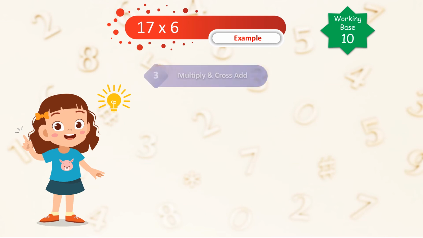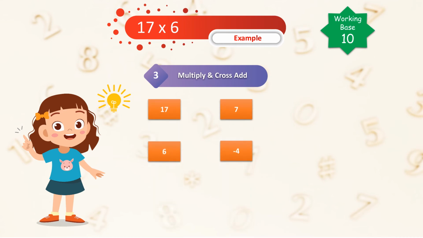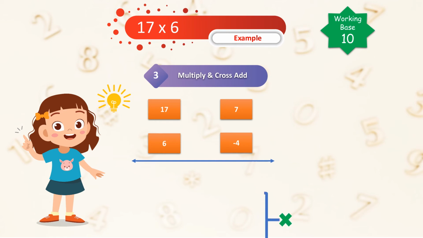In step 3, we have to multiply and cross add. First, you have to put all the numbers and then draw a line, and then when the multiplication bar comes, you have to multiply 7 and minus 4 to get minus 28.